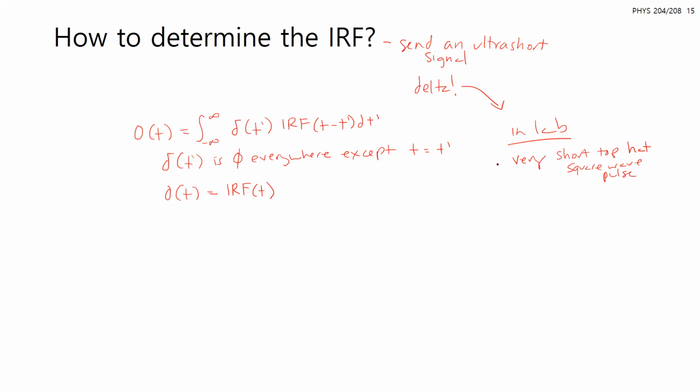Or an alternative is to send a step function in. So those are the two options there, but understand that with the square wave pulse, your IRF is going to scale with the length of that pulse. And lab 3 will walk you through that.